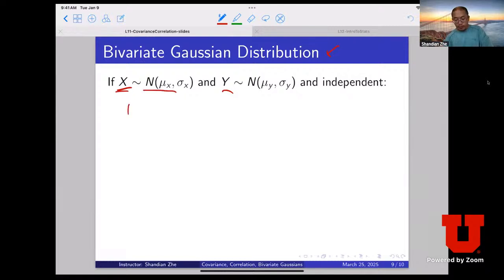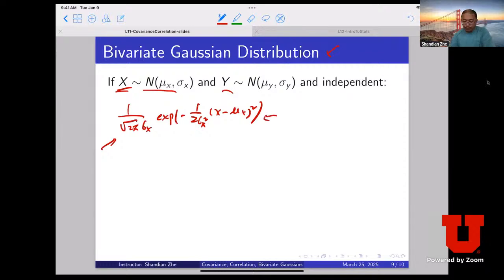If you remember, it is something like 1 over square root of 2 pi sigma x squared, times exponential of minus 1 over 2 sigma x squared times (x minus mu x) squared. If x has a PDF of this form, then we say x follows a Gaussian distribution with mean parameter mu x and standard deviation parameter sigma x.